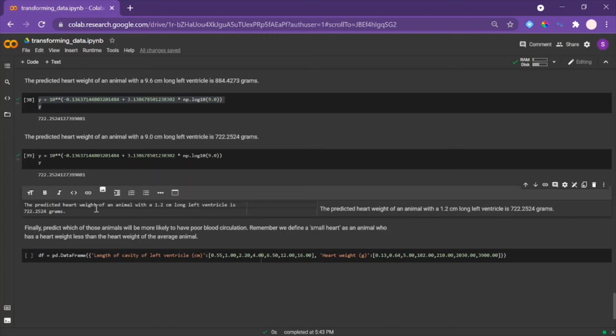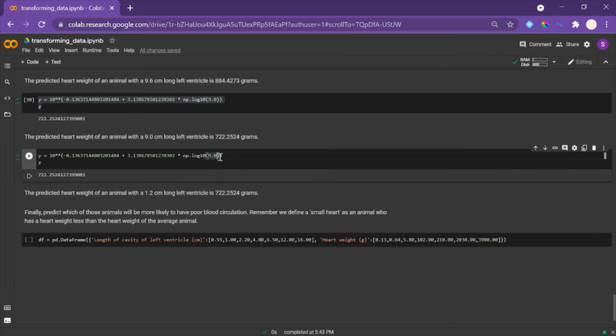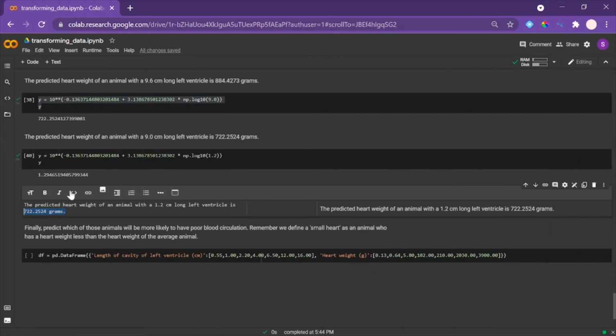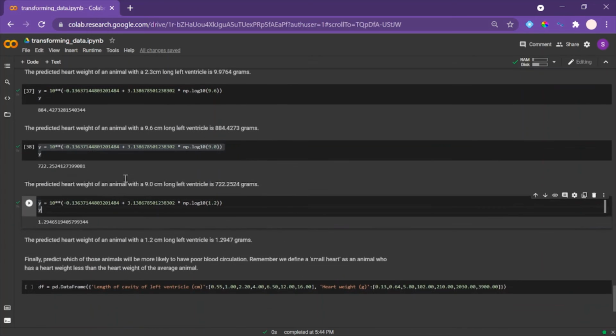The predicted heart rate of an animal with a 1.2 centimeter long left ventricle is 1.294.7 grams. Okay. So now we have our answers.